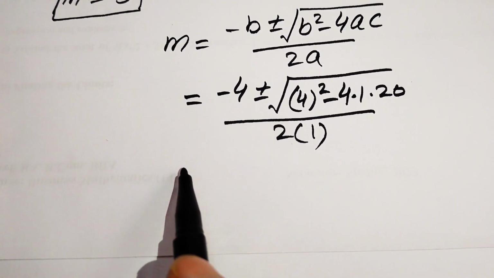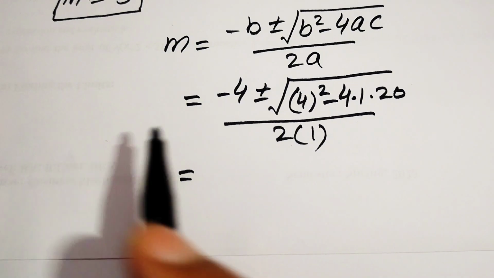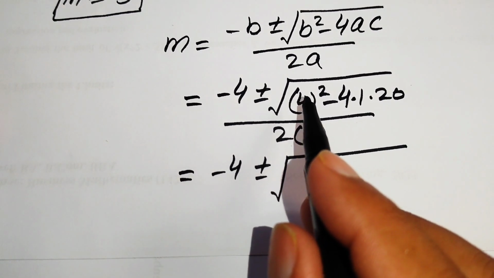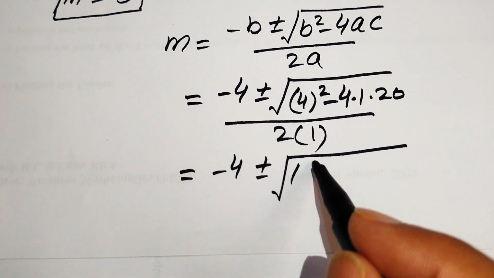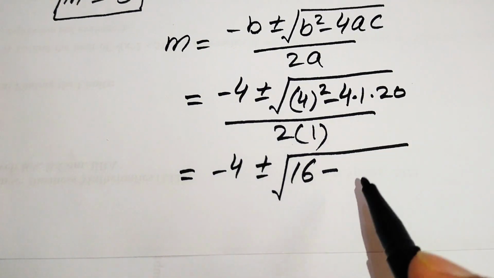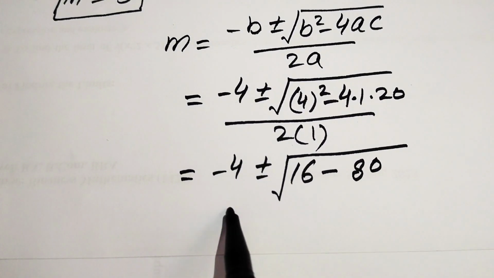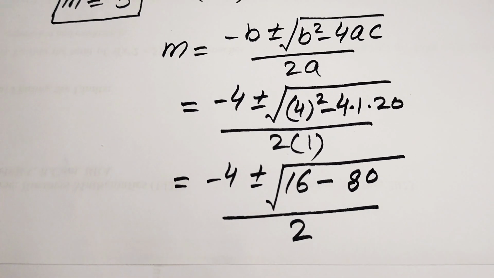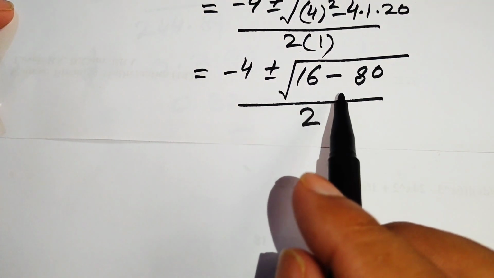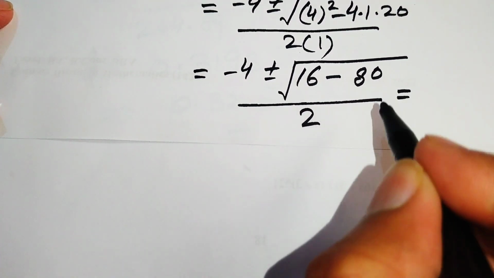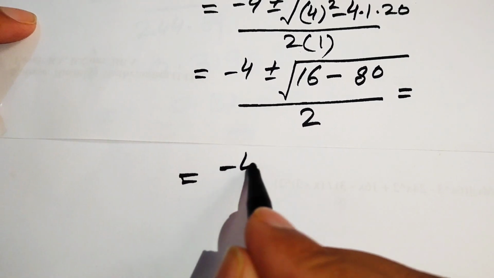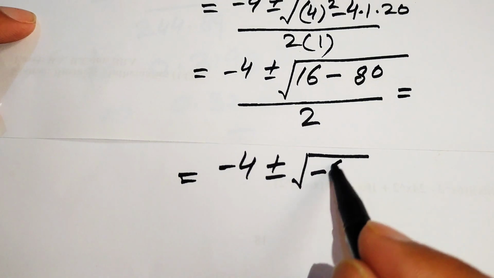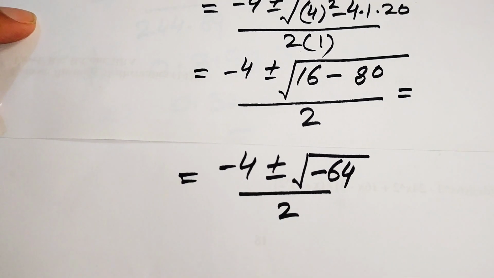After this step we need a little bit of simplification, and we have minus 4 plus minus square root of 4 squared, which is 16, minus 4 times 20, which is 80, divided by 2 times 1, which is 2. Subtracting these two values, it will be written as minus 4 plus minus square root of 16 minus 80, which is minus 64, divided by 2.